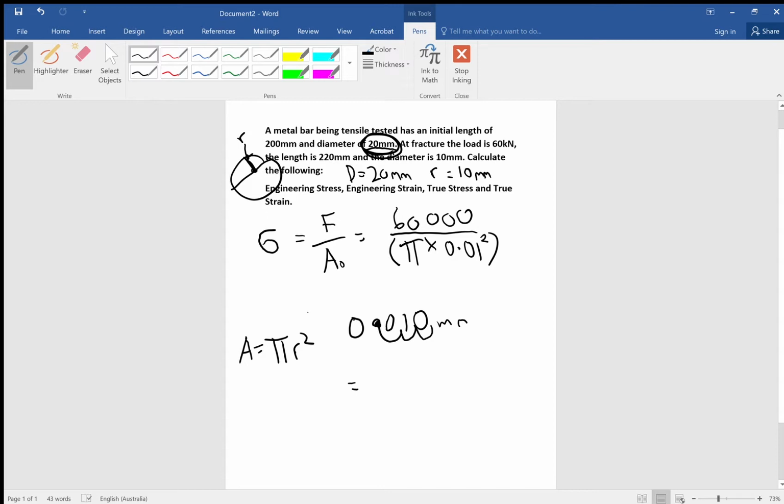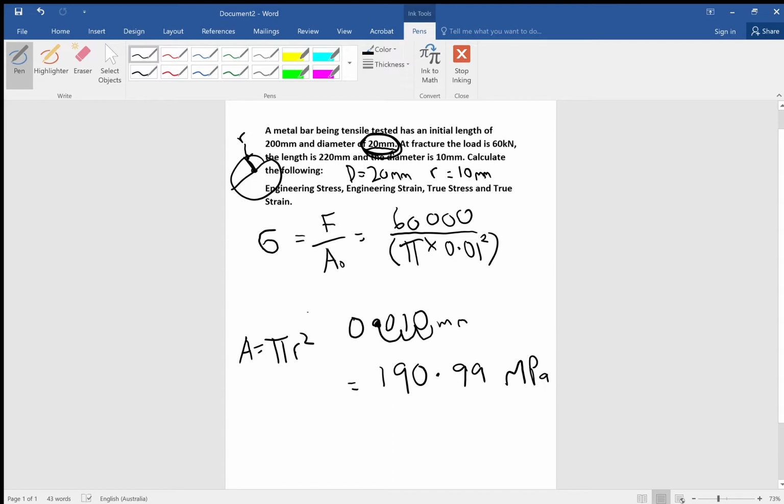If you divide that value by 1,000 to get kilopascals or 1,000,000, you'll get a manageable value. I divided my answer by 1,000,000 and ended up with 190.99 megapascals.